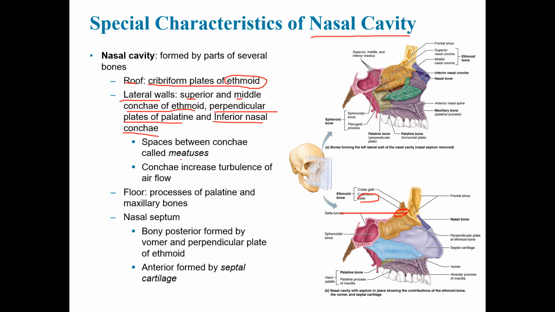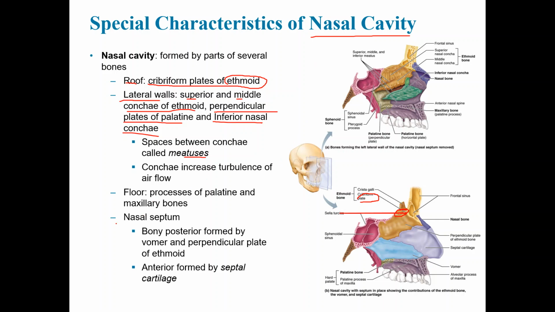In reality, it should be meatus plural, but you will see this word pretty much in the book everywhere. And the floor is formed by the process of the palatine and the maxillary bone as well.